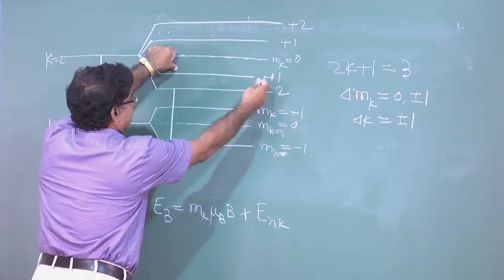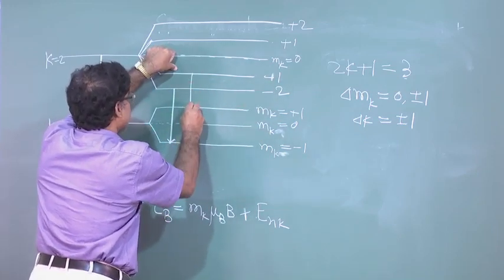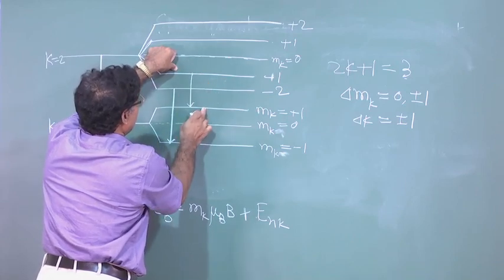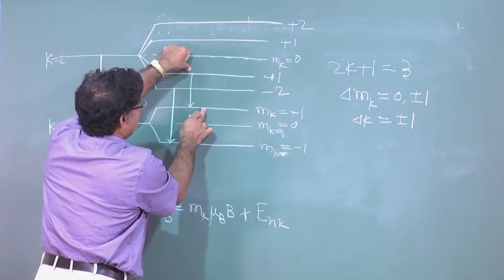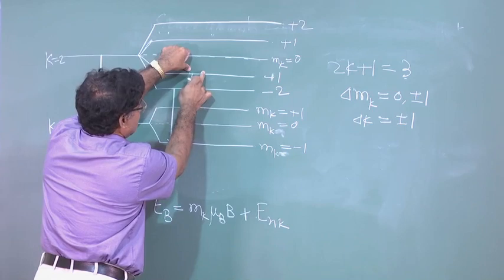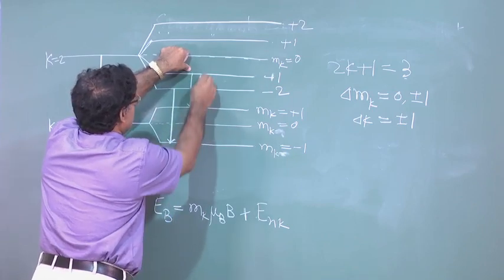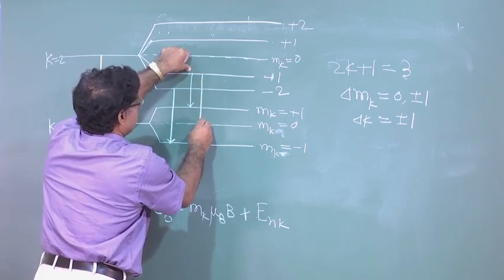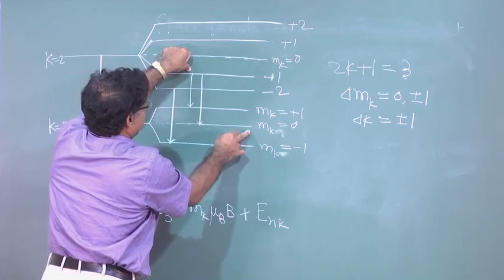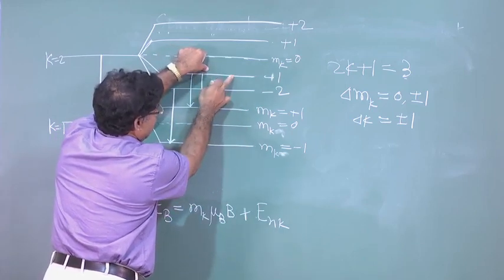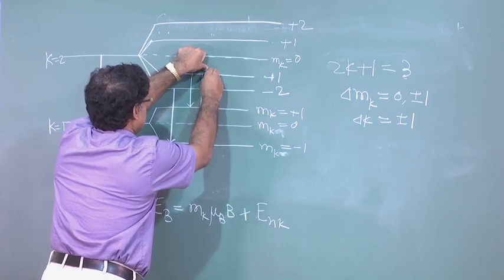You will get this transition if I start from here. So, here to here it is possible because it is 0, and then from this to this also allowed, this to this also allowed, and this minus 1 to minus 1 also allowed. So, you will get this.